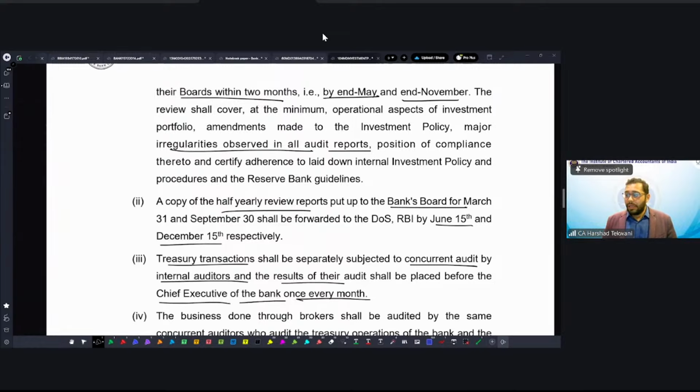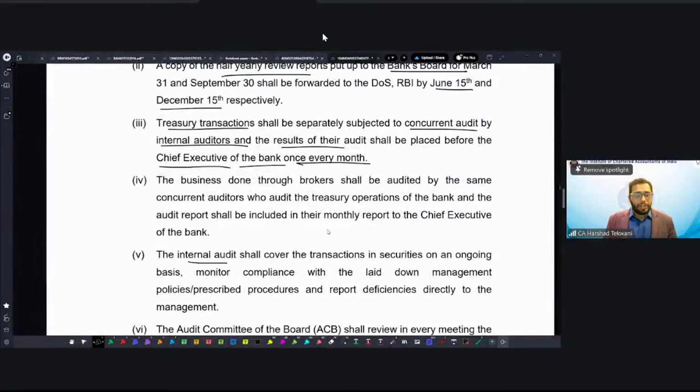Then there is another internal audit requirement with respect to the transactions in securities. Internal audit shall cover the transactions in securities on an ongoing basis. Plus, if the bank is doing any business or investment through brokers, then that shall be audited by the concurrent auditors who are auditing the treasury operations, and that should be included in the monthly report.